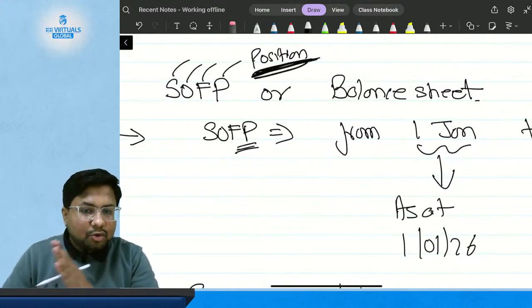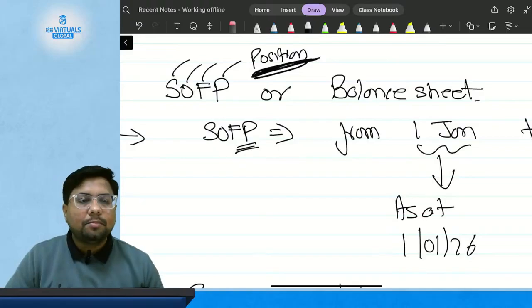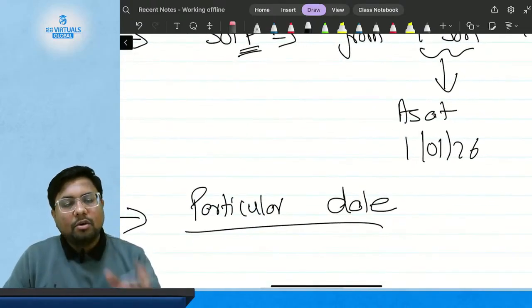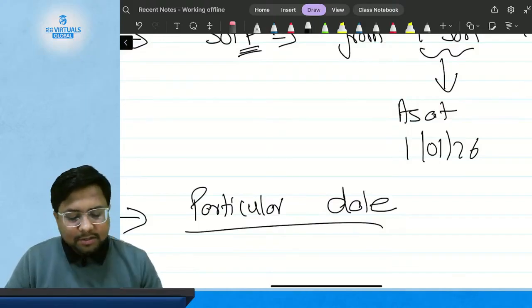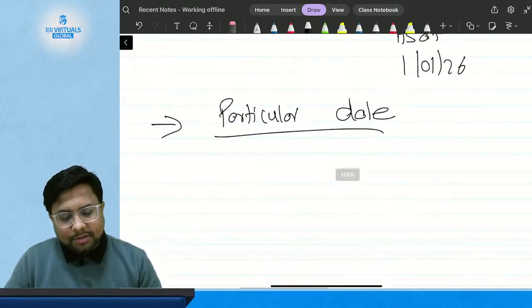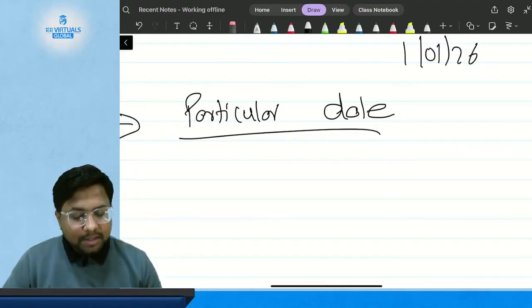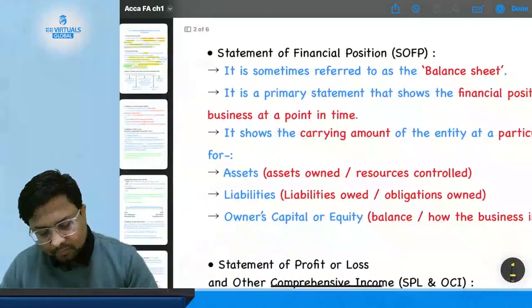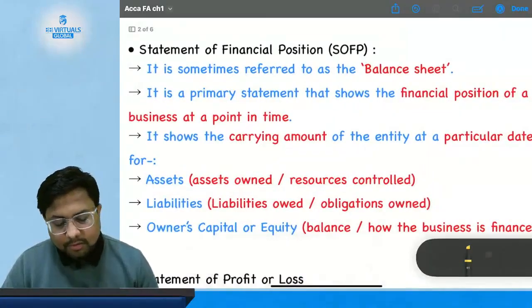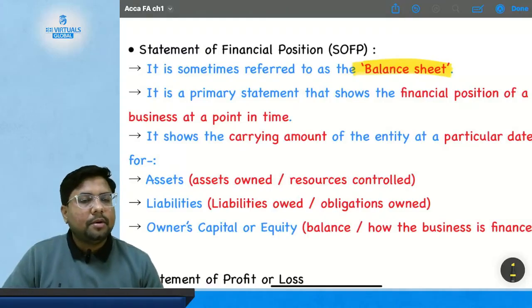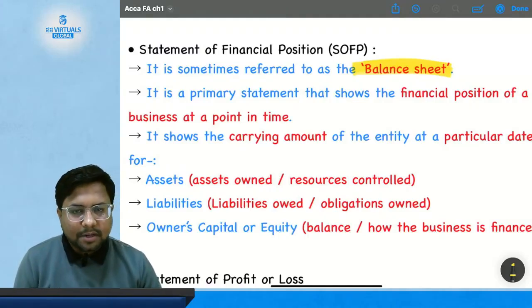Position means it is not moving. It is not moving over a period. It is stationary at a particular point of time or a date. So this is how the statement of financial position can be prepared for a particular date. In notes also I have written that it is sometimes referred to as a balance sheet.